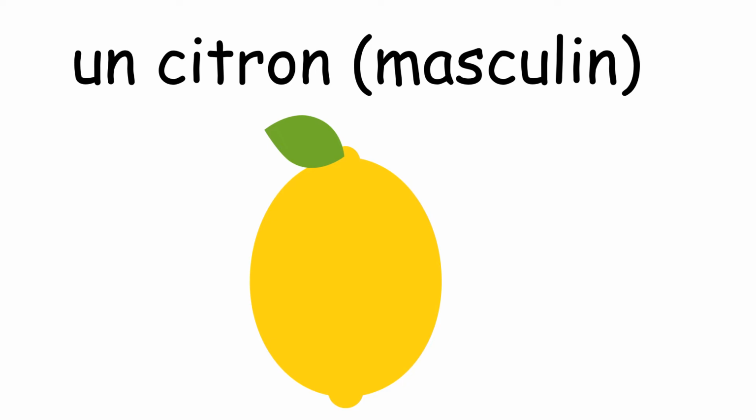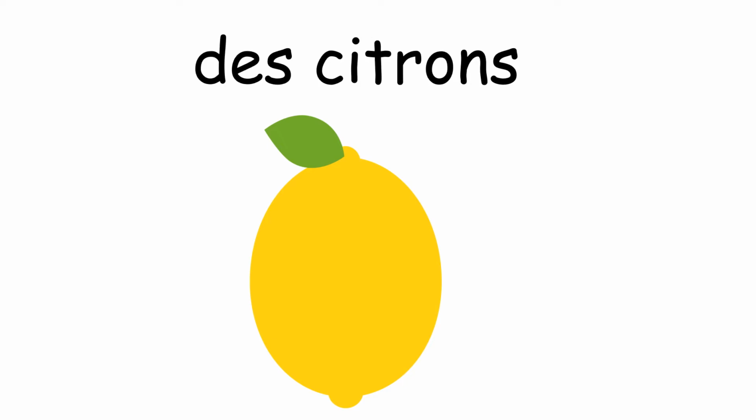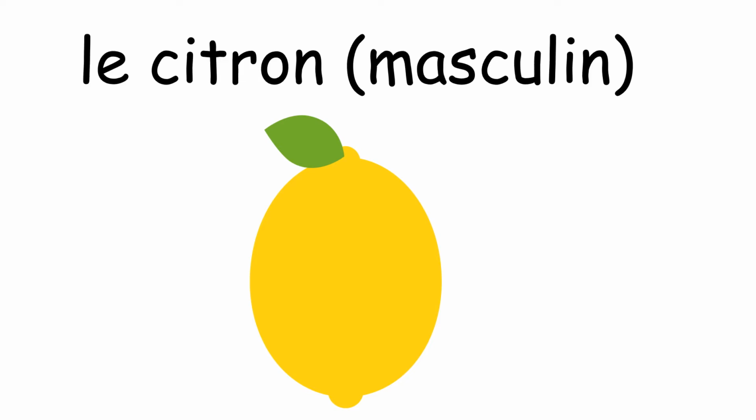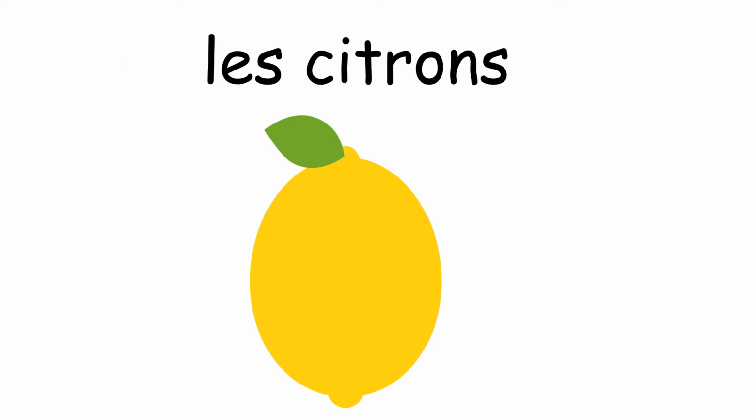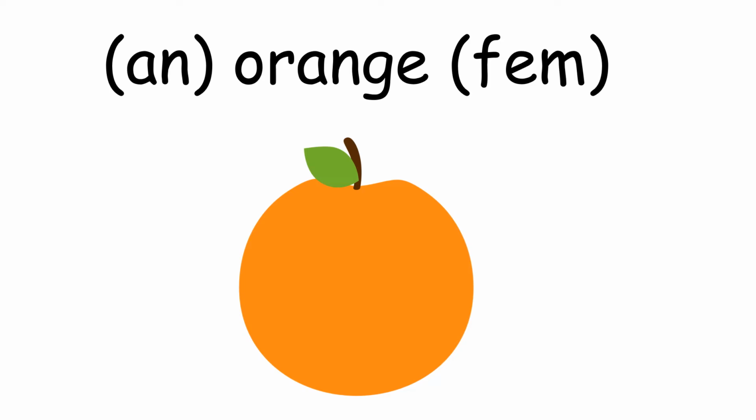Comment est-ce qu'on dit lemons? So some lemons. Des citrons, bravo. Comment est-ce qu'on dit the lemon? Le citron, super. Et comment est-ce qu'on dit the lemons? Les citrons. Bravo. Et finalement, comment est-ce qu'on dit an orange?